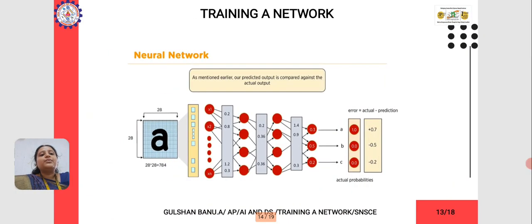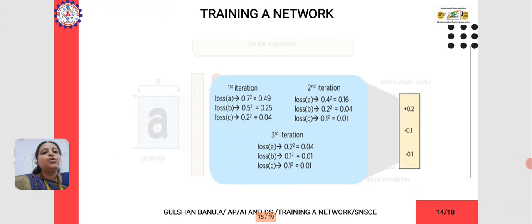As mentioned earlier, the predicted output is compared against the actual value. It will always compare with the actual value and see whether it is correct or not, and only after that will it be taken into account. You have different iterations, it will backpropagate, and find different values based on the backpropagation and iteration process.